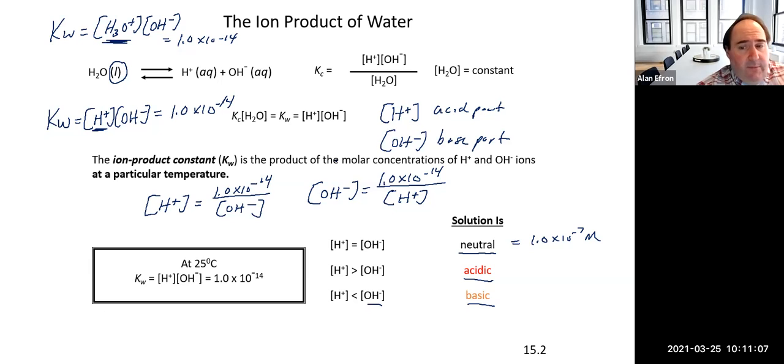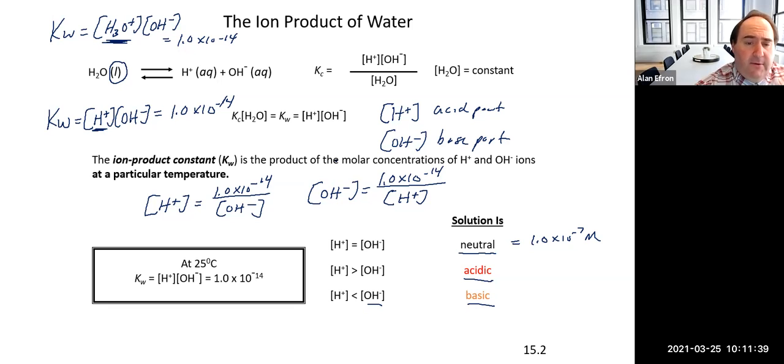As we talked about in the previous chapter, equilibrium constants do change with temperature, which means if you come across a problem where they tell you the temperature is not 25 degrees, but maybe 30 degrees or 40 degrees, technically speaking, you would need to find the Kw value at that temperature. My guess is usually in a textbook type problem like that, they would provide that for you.